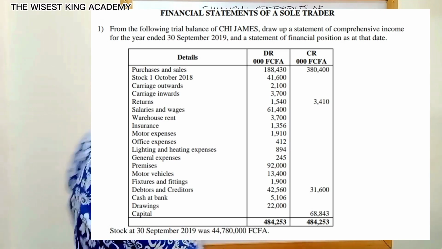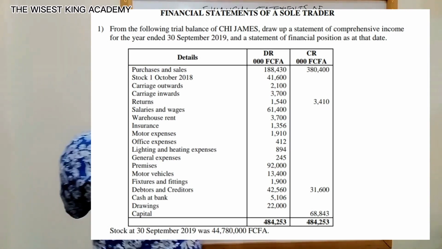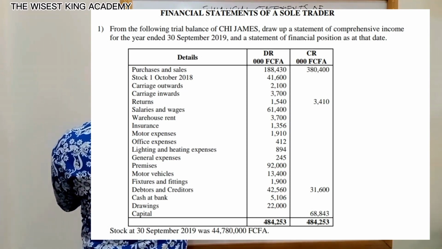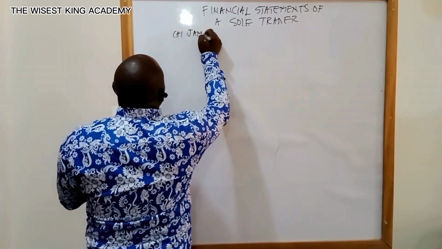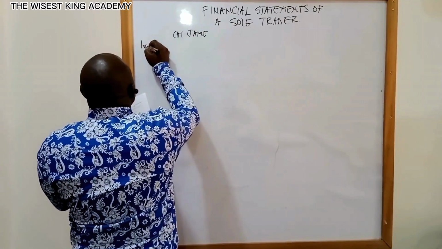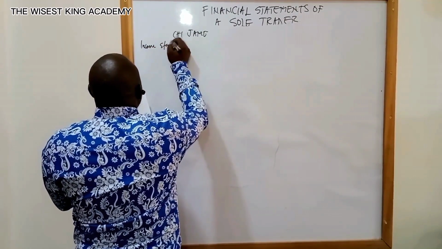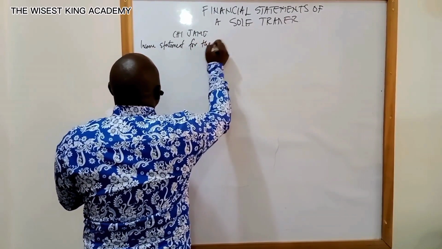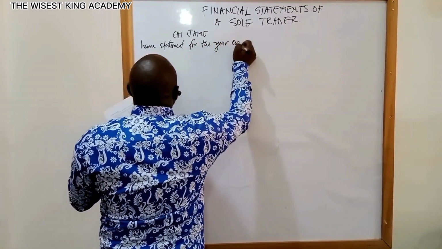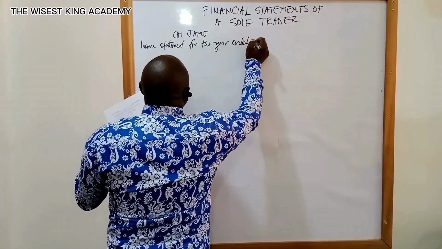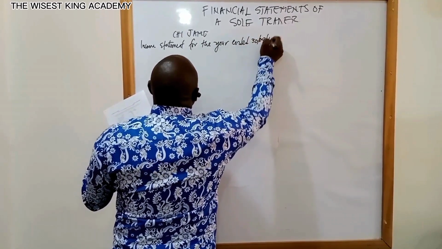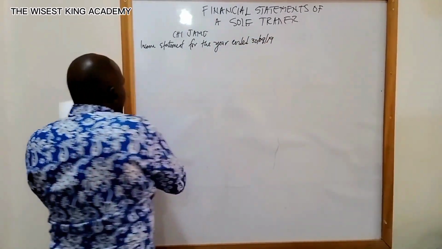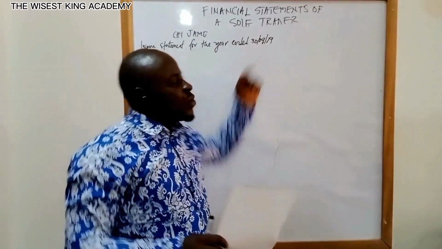So from this, we are to prepare the income statement and the statement of financial position. So let's take Chi James, income statement for the year ended 30th September 2019. This should be the closing date.